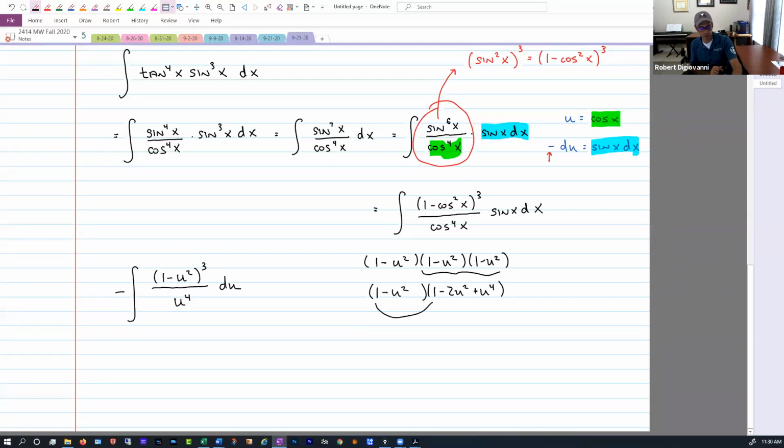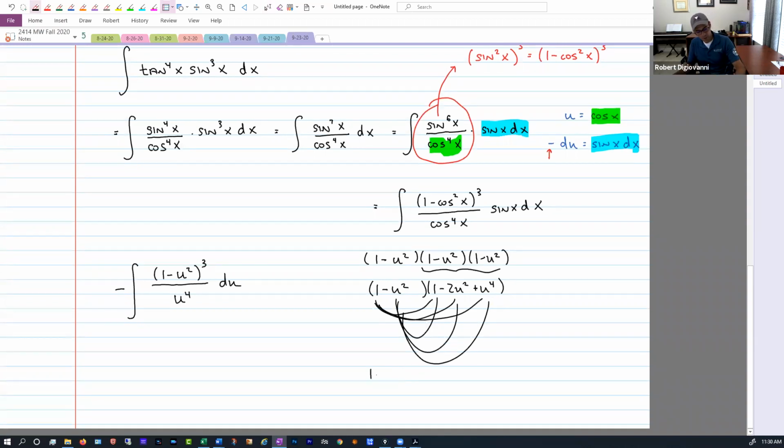So I multiply 1 times 1, 1 times that, 1 times that, and then I do that, that, and that. So this will become 1 minus 2u squared plus u to the 4th minus u squared plus 2u to the 4th, minus u to the 6th, I believe.